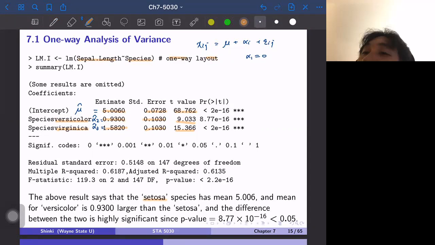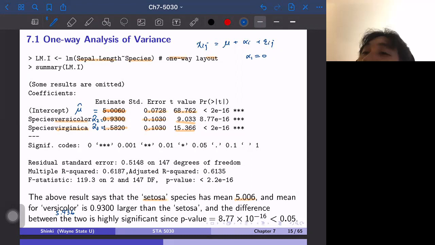The setosa species has the mean sepal length of 5.006. And the mean for versicolor is 0.93 larger than mu hat, 5.006. So that is 5.936 on average.